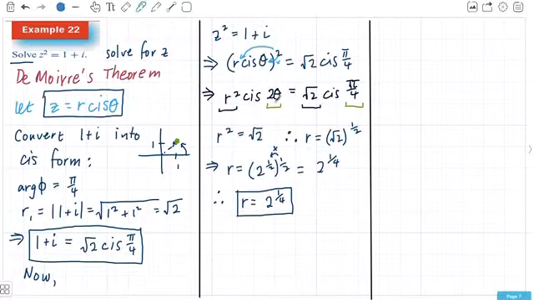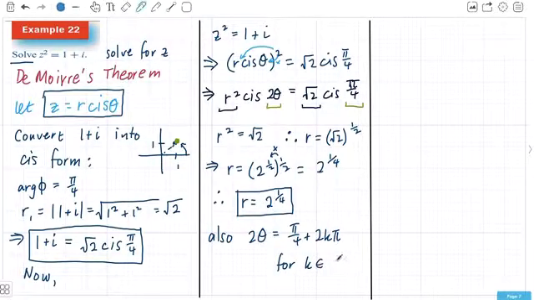Now we've got these equalities here too on the angles. So we have also 2 theta equals this angle, pi on 4, plus 2k pi. We say that because k can be anything, and k gives us that cyclical nature of the angles. You can keep going round and round, or going back the other way.